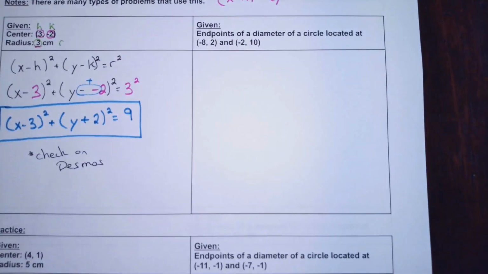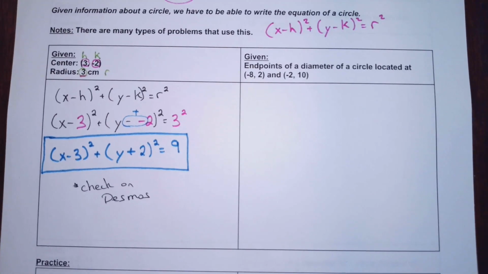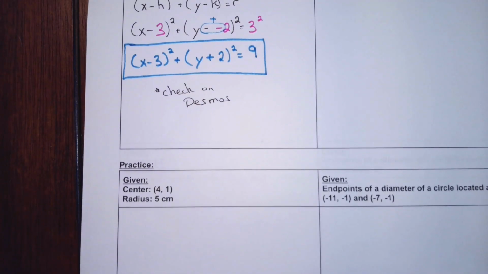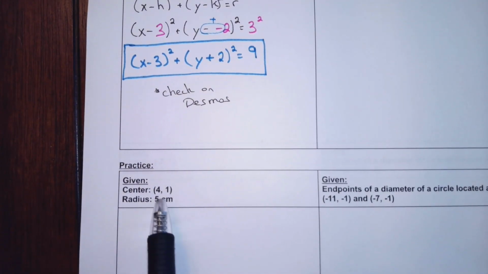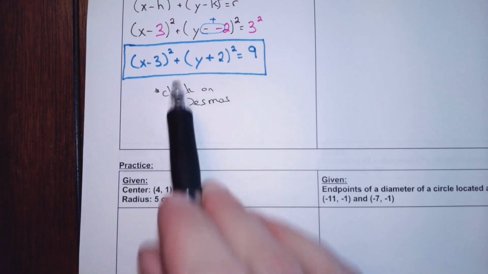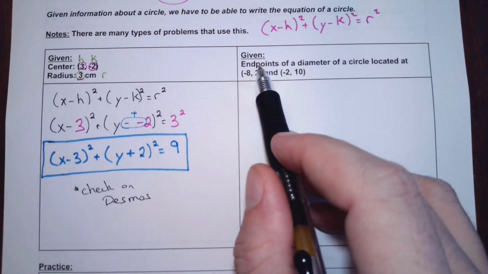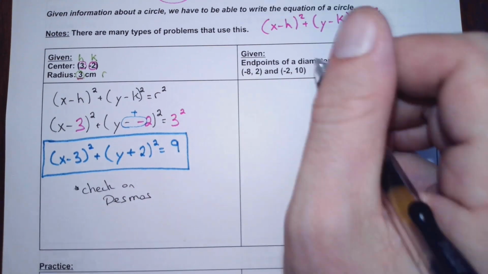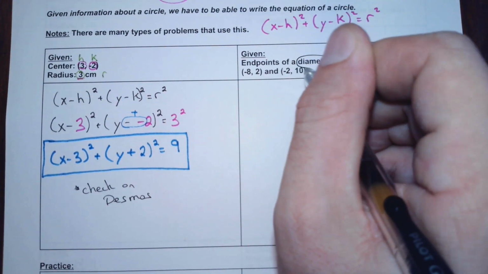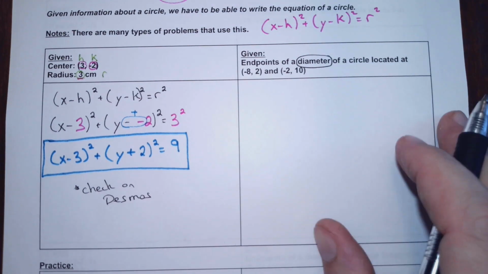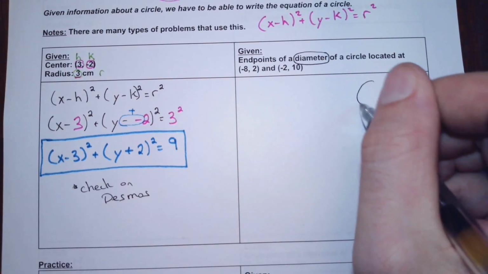Okay, so now we have another type of problem. When you go to the practice, if you want to, you can stop the video and do the practice ones that are just like this one, or we can go ahead and do this one. So we're doing endpoints of a diameter. First off, we need to remember what a diameter is. So we think about a circle.